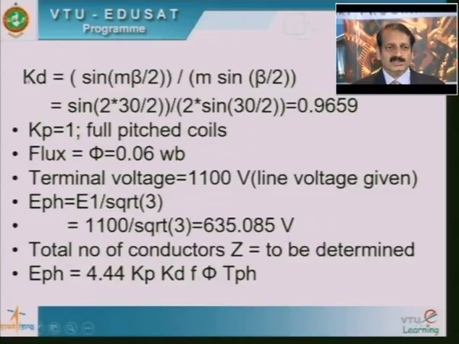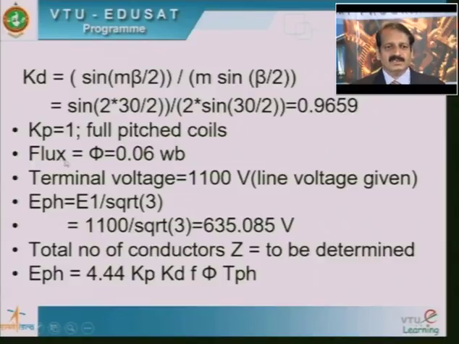Now, the distribution factor can be calculated as sin(m beta by 2) divided by m sin(beta by 2), where m is 2 and beta is 30. When we substitute and solve, we will get 0.9659. Kp is equal to 1 because it is assumed that the coils are full pitched.